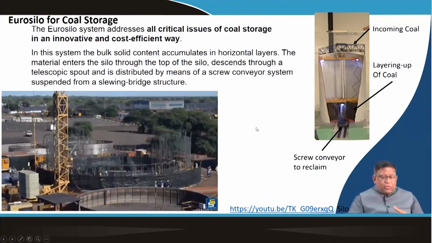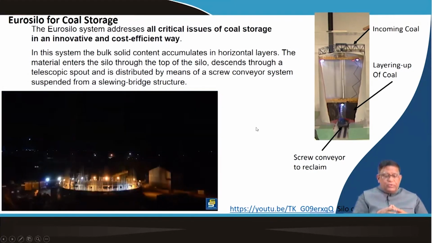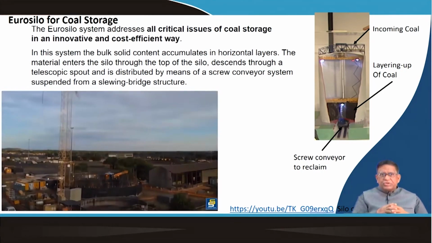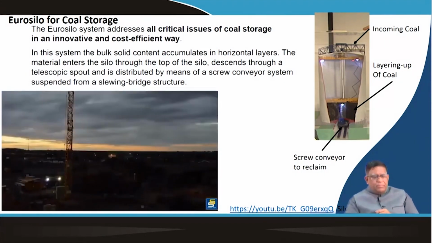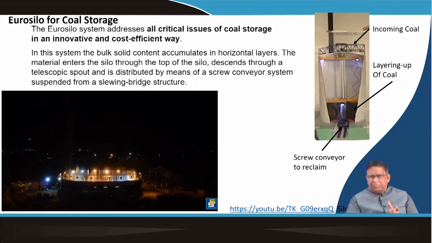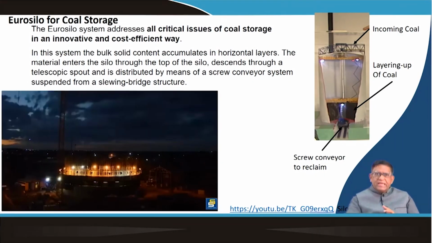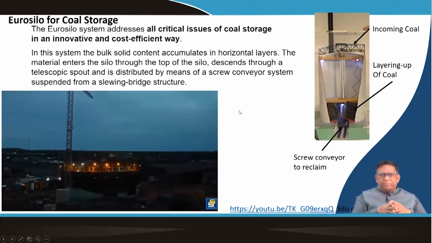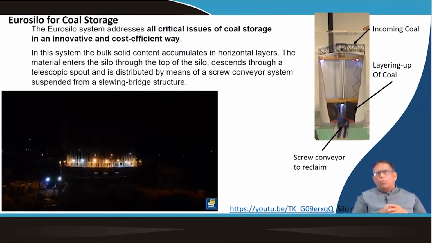Another point is when it is a constructed silo, for example a cement concrete silo in thermal coal power stations for coal storage. It is built step by step, which is a huge construction work.